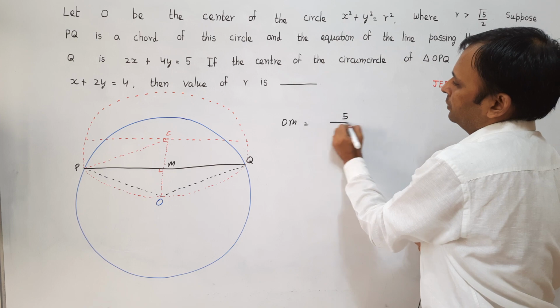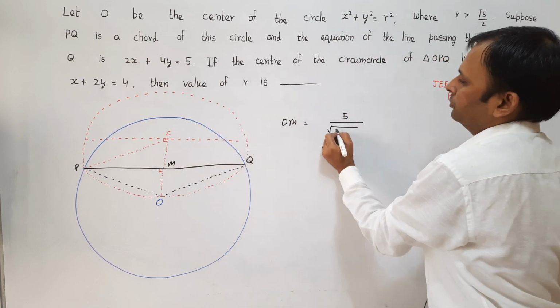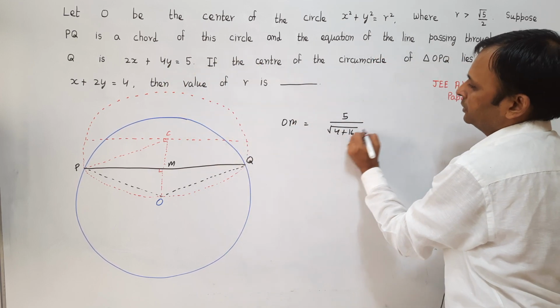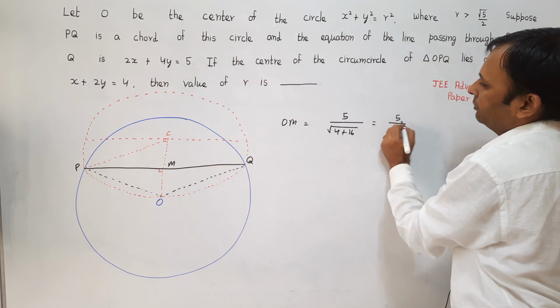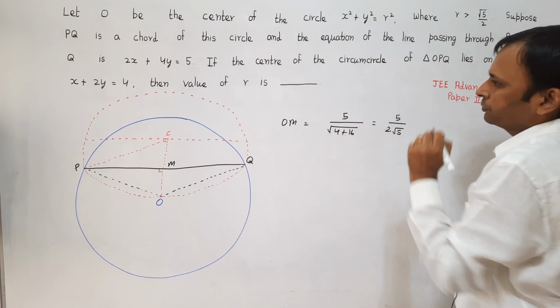5 upon square root of coefficient of x, which is 2, so square of 2, which is 4, plus coefficient of y is 4 over here, so plus 16, so this gives me 5 divided by root 20. Root 20 can be written as 2 root 5.